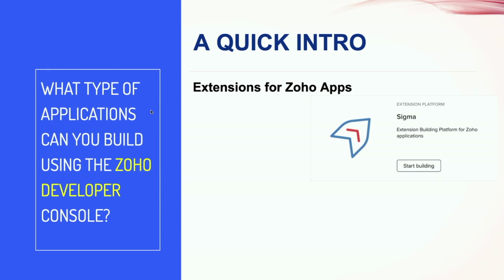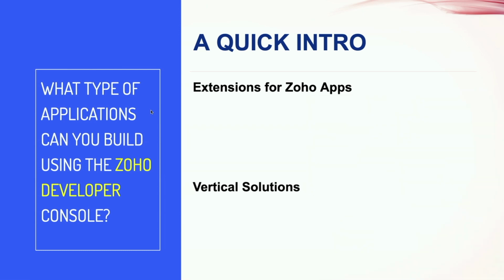The platform encompasses the Sigma tool here. The Zoho developer homepage encompasses it. So you can start building your solution as an extension through the Sigma platform, or you can build an industry-specific solution that fits into one industry.